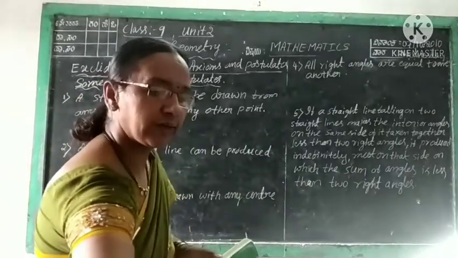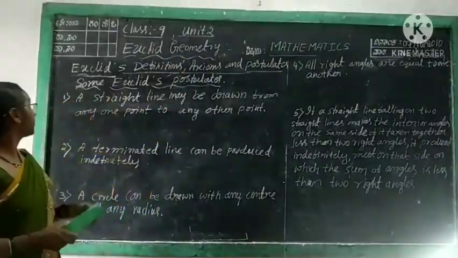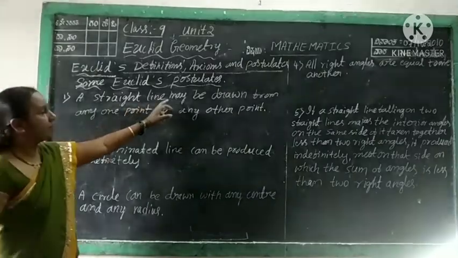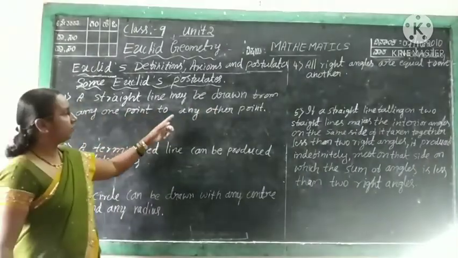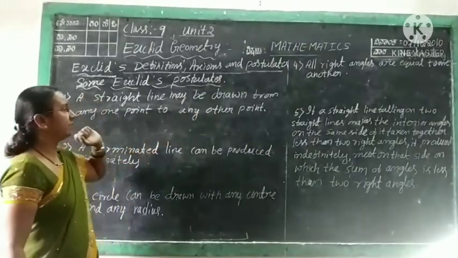And the first postulate of Euclid says a straight line may be drawn from any one point to any other point.